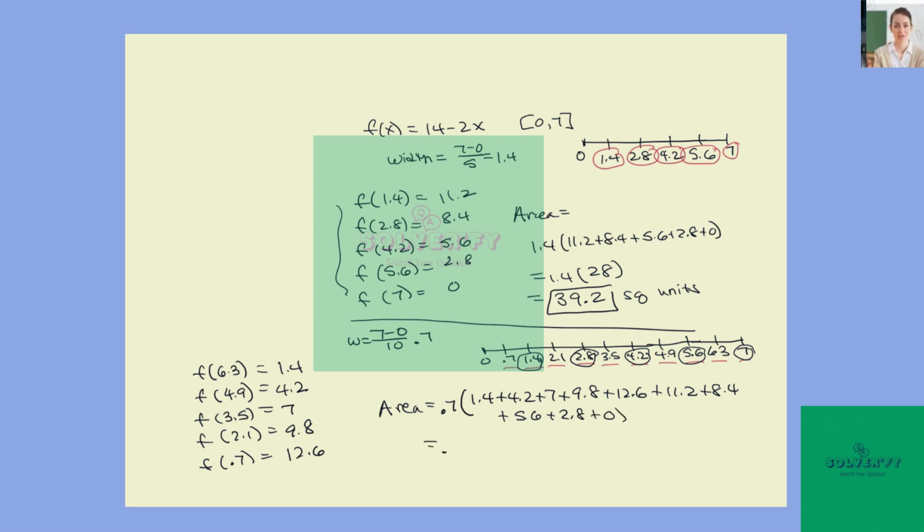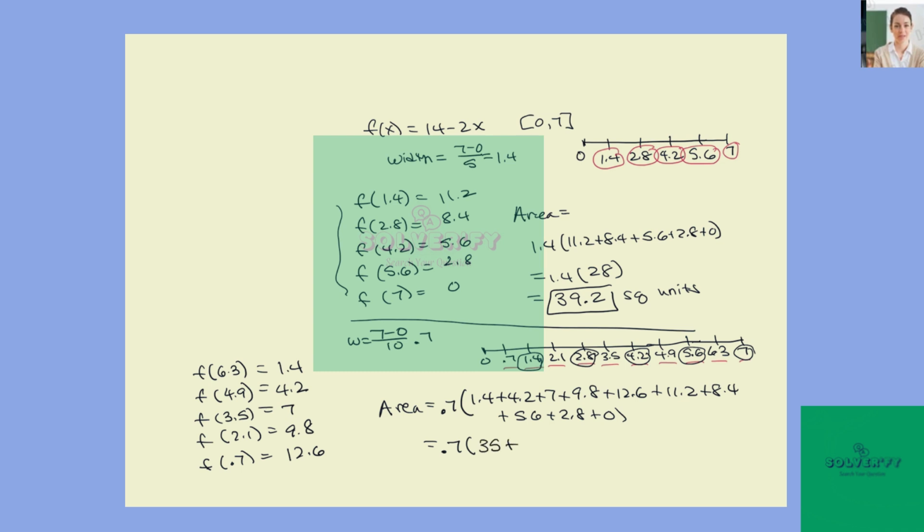And that is going to give me 0.7 times 1.4 plus 4.2 plus 7 plus 9.8 plus 12.6. And that gives me 35.